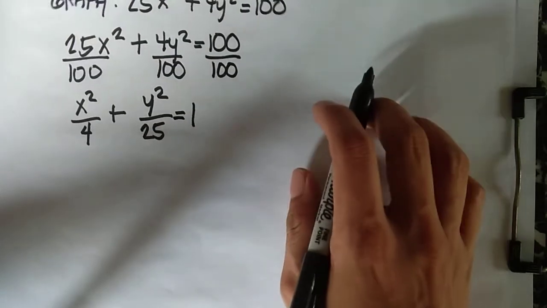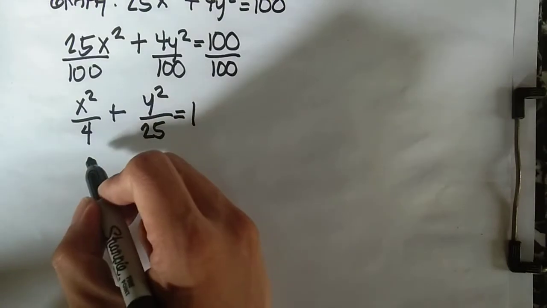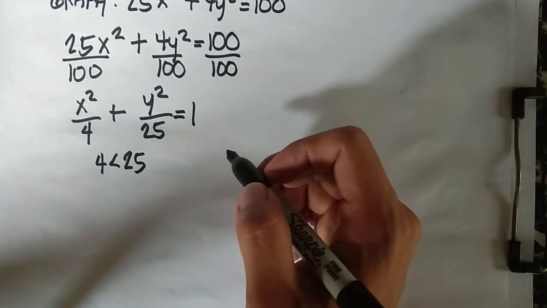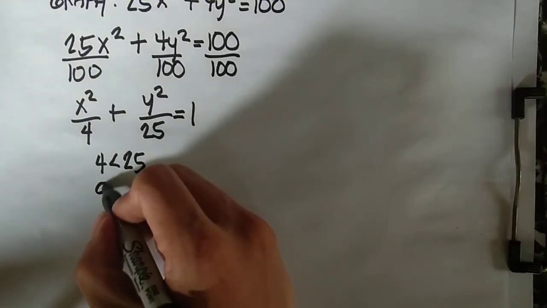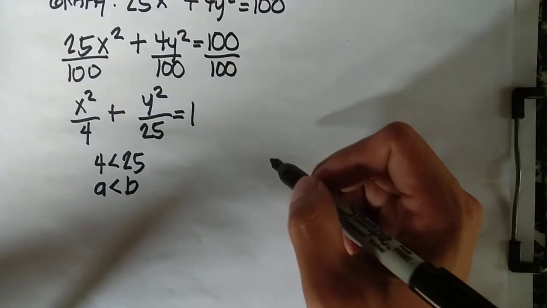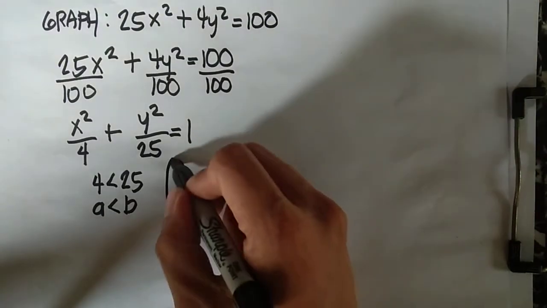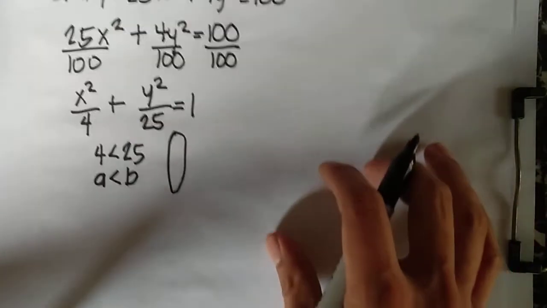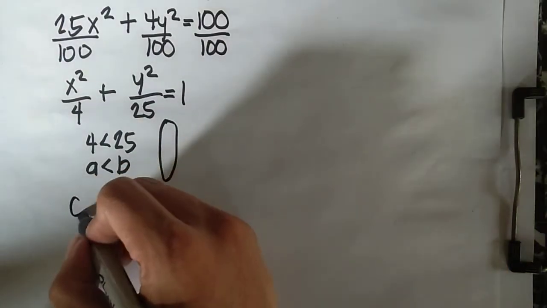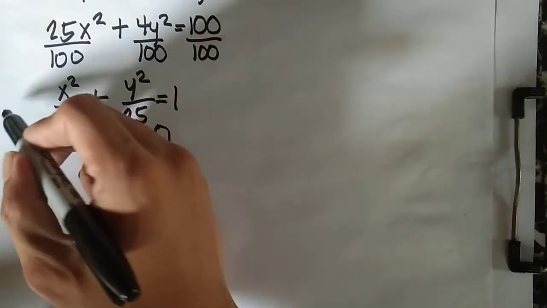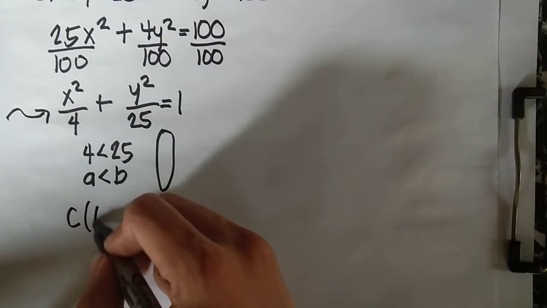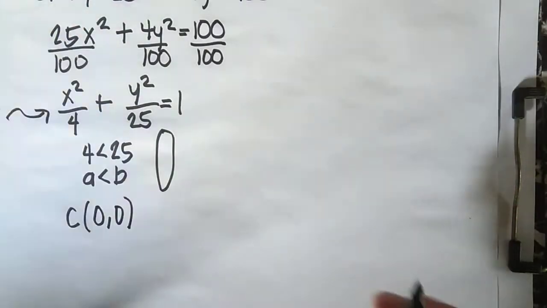So, all we know is that yung 4 natin is mas maliit sa 25. Ibig sabihin, we have A is less than B. So, ibig sabihin, yung ating equation is on vertical. So, yung center natin, since wala na yung equation natin na kasamang coefficient, so, ang center natin will be at its origin.